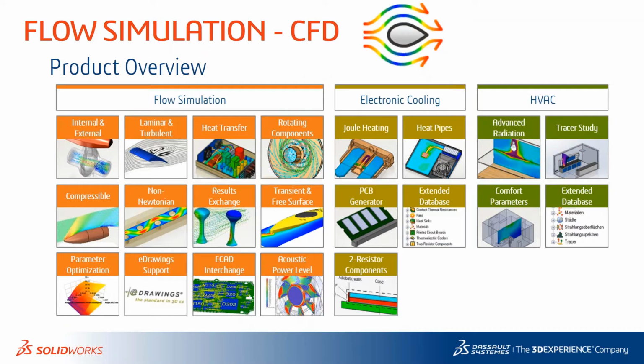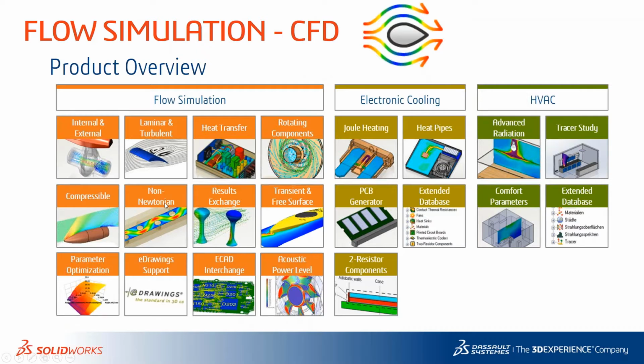So all of those are incorporated in this tool. So heat transfer, electronics cooling, and what have you. More on that later, actually for another webinar, but I just wanted to mention that that's a key use of the tool. We can do rotating components, incompressible as well as compressible flow, all different types of fluids, whether it be Newtonian or non-Newtonian.